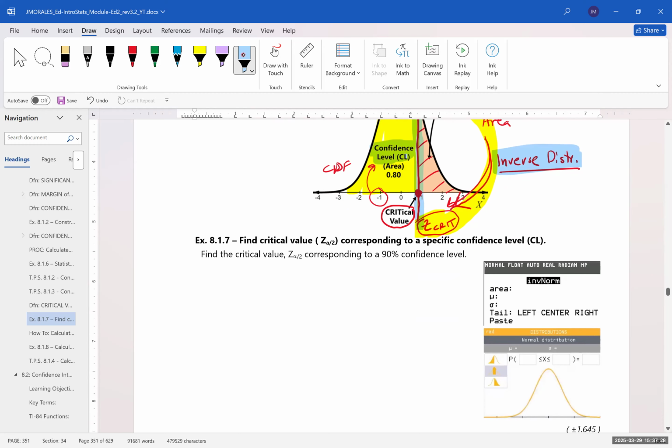So in this example, it's find the critical value corresponding to a specific confidence level. Find the critical value, Z alpha 2, corresponding to a 90% confidence level. Right, so right off the bat, I know that this is a two-tailed distribution.